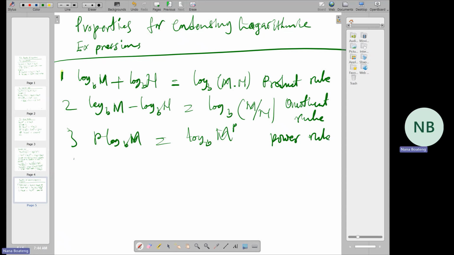All right, so let's see some examples. So example 5, which is based on condensing logarithmic functions. It says write as a single logarithm.